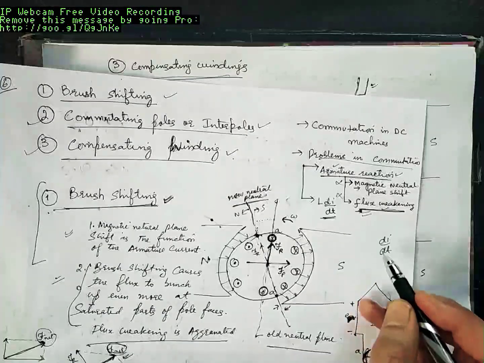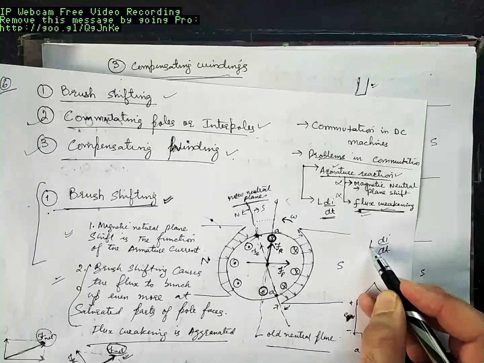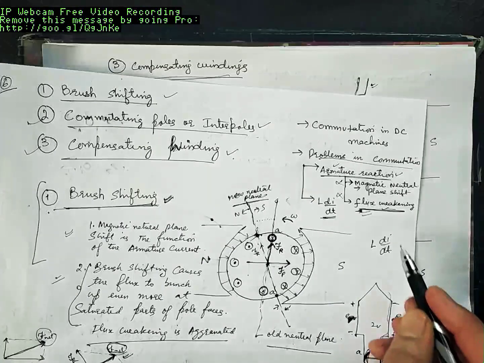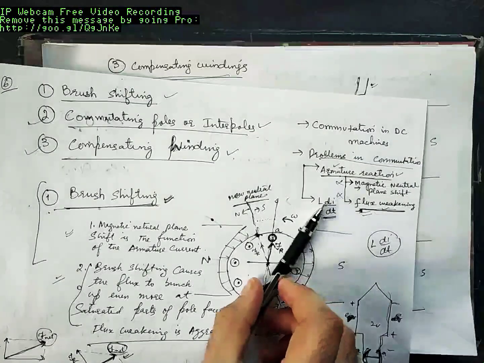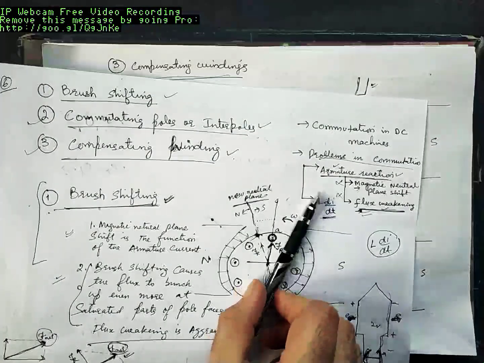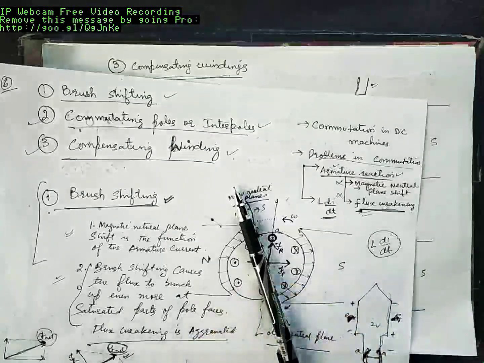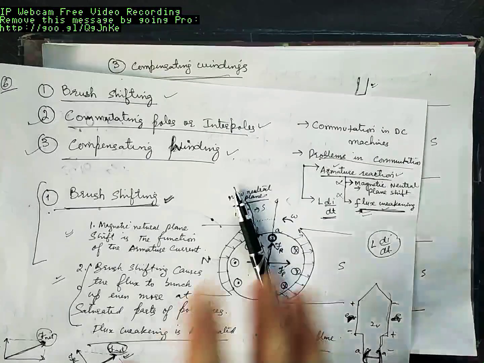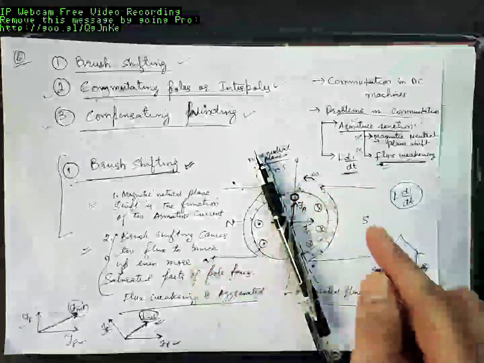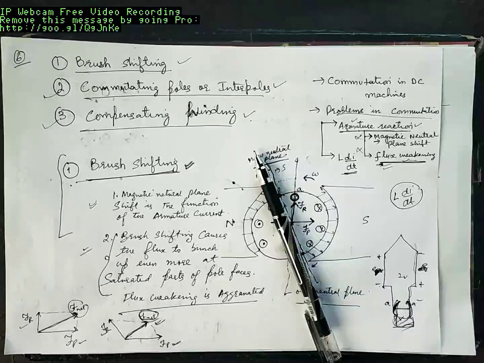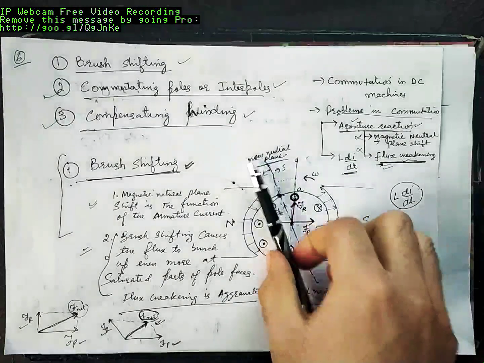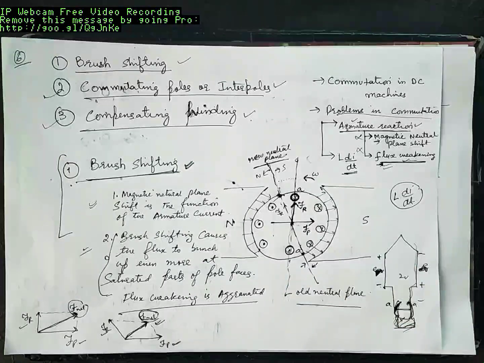And even if there is a small inductance L associated with that winding, this produces a huge voltage L di by dt. That means when a conductor is moving from south pole to north pole, because of the change in direction of current, there is a voltage induced in it, what you call the inductive kick or L di by dt voltage. These are regardless of the armature reaction. Armature reaction has nothing to do with it.